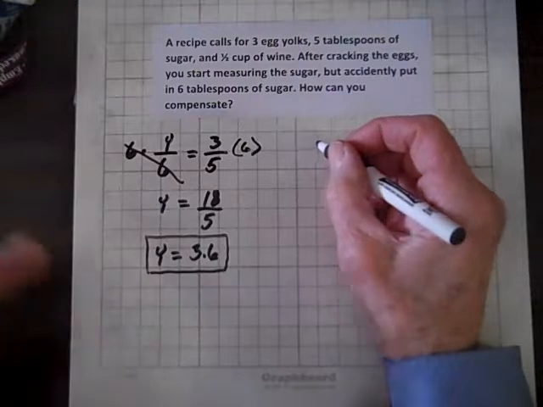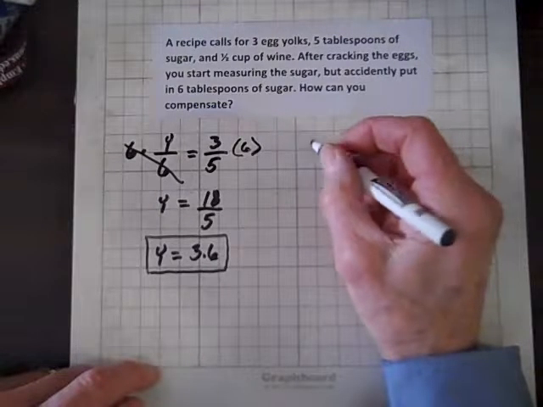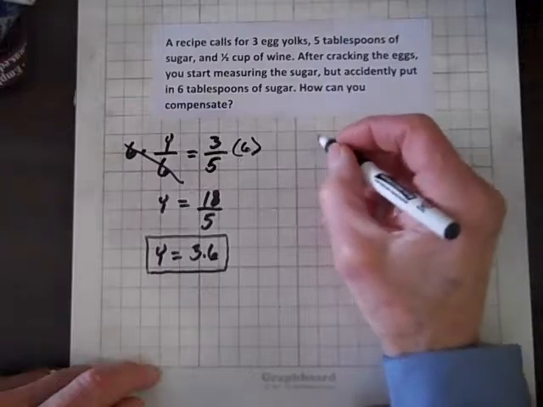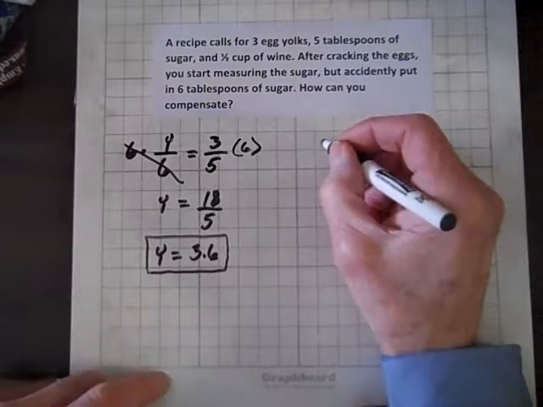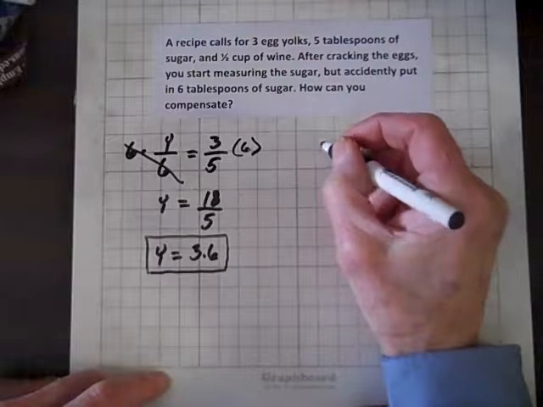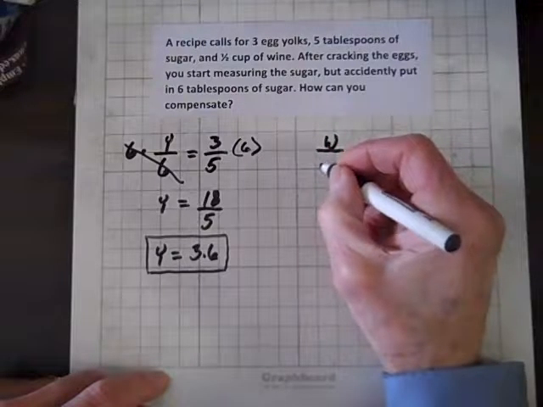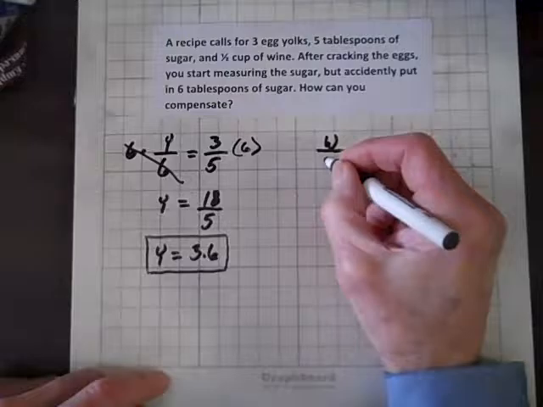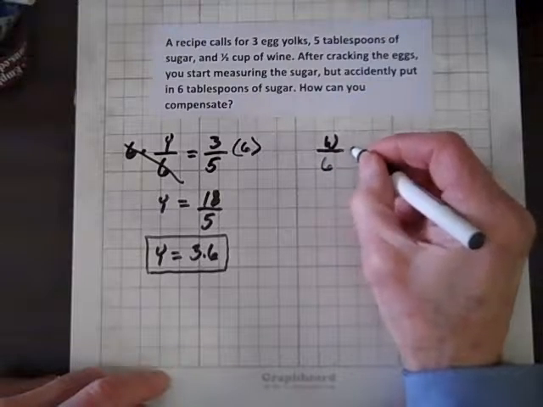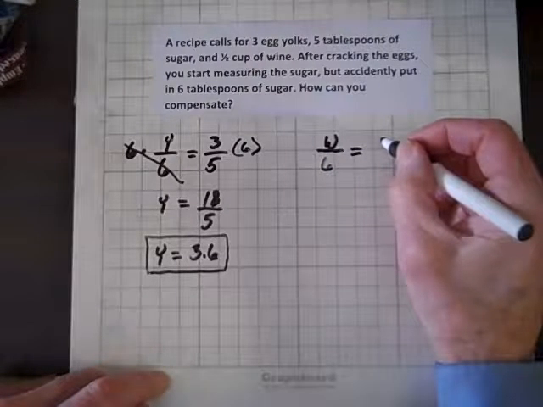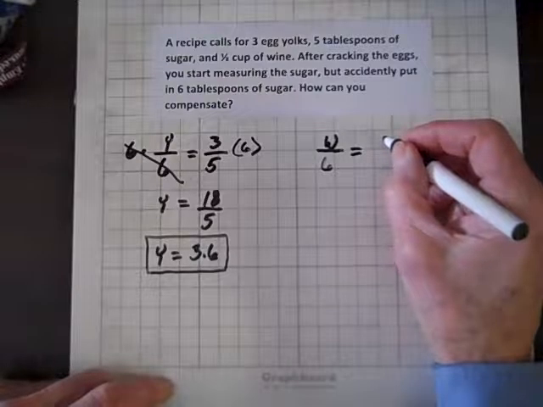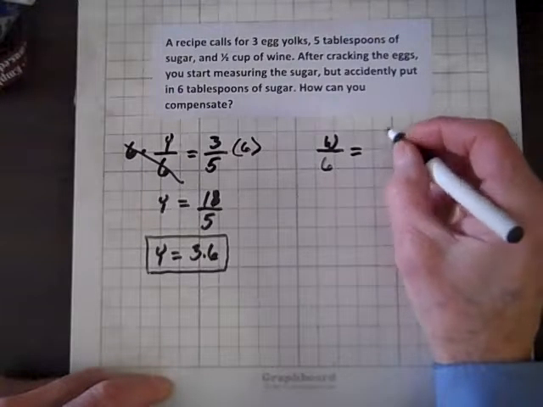Now we need to come up with the amount of wine, and so the proportion is going to be the ratio of wine to 6 tablespoons of sugar, where W represents the amount of wine, and that's got to be proportional to half a cup of wine.